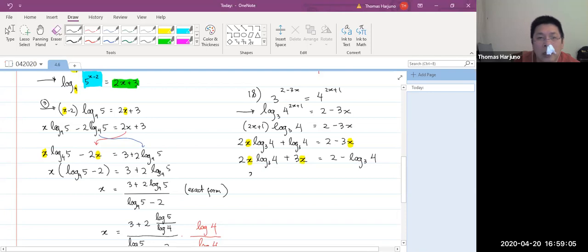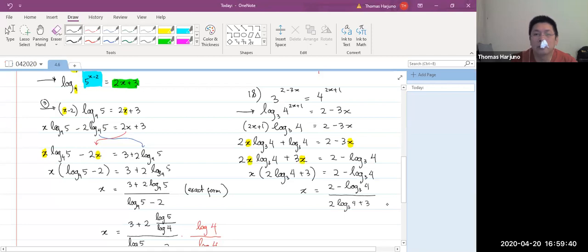I get x times 2 log base 3 of 4 plus 3 equals 2 minus log base 3 of 4. Therefore x is equal to 2 minus log base 3 of 4 over 2 log base 3 of 4 plus 3.